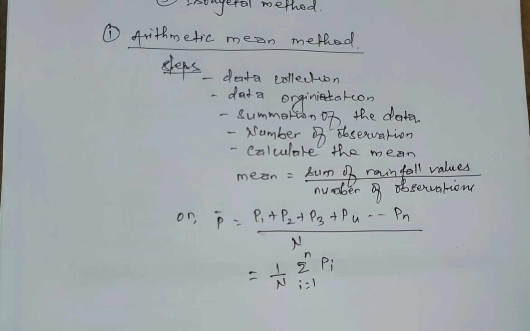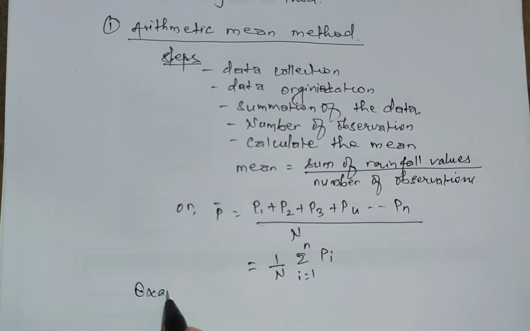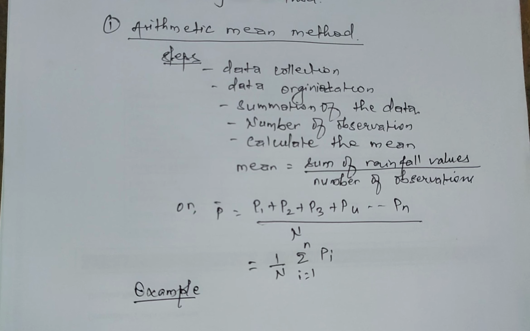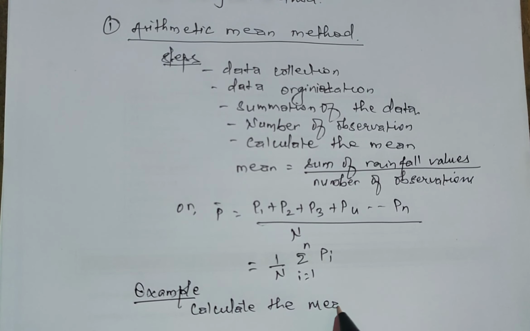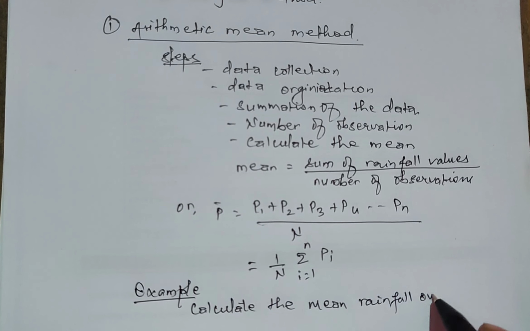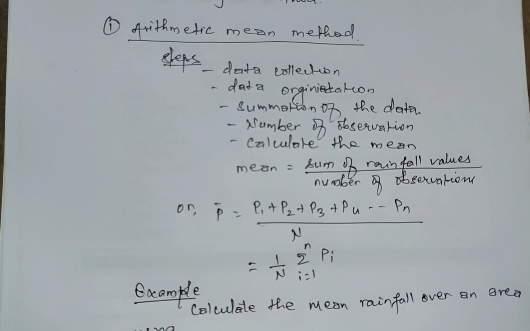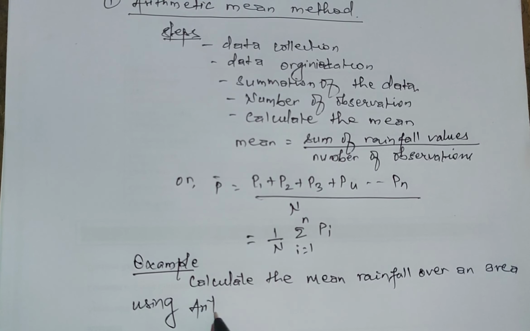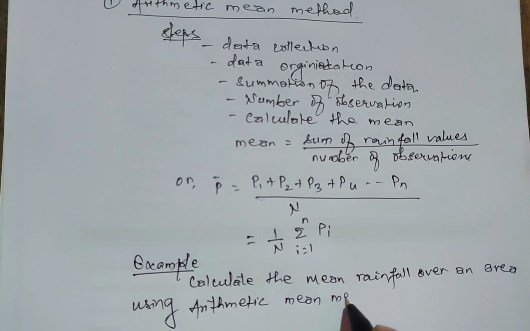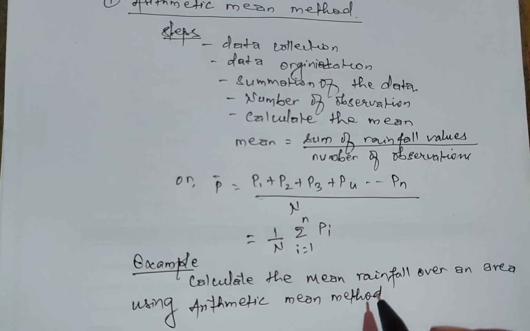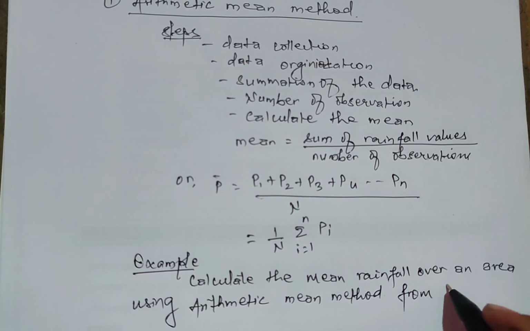So let's clarify this with an example. The example is: calculate the mean rainfall of the area using the arithmetic mean method from the given data.